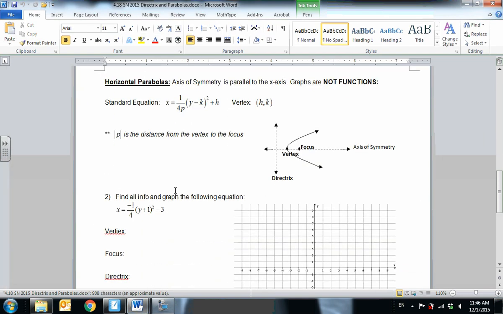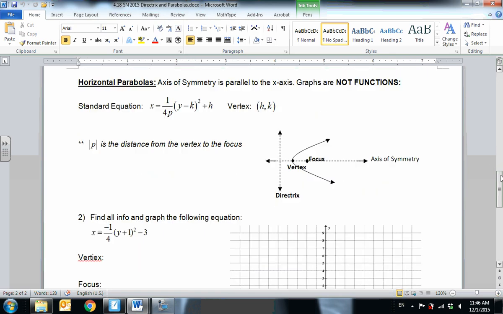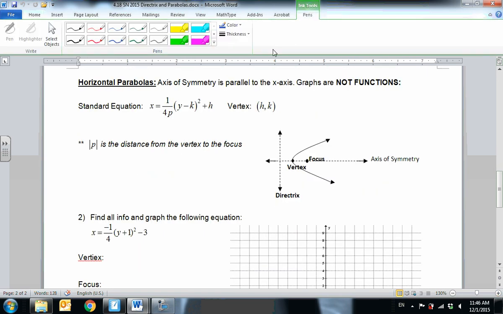All right, let's flip to the back. I'm going to give it a try over here, see if it's a little bit easier. All right, now horizontal parabolas. A little bit different, okay? In a horizontal parabola, our parabola is either going to open left or right.